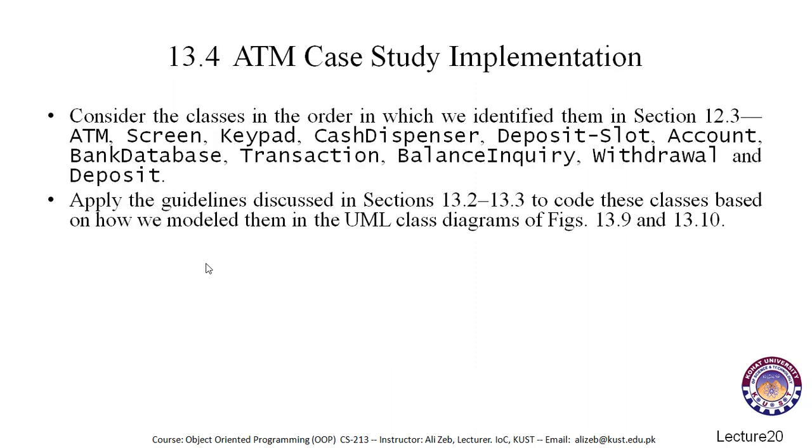So we need to implement all of these classes one by one with the details that we have identified already, and we may need to add more details to them, but we will have an initial structure or skeleton of all of our classes of the ATM case study.